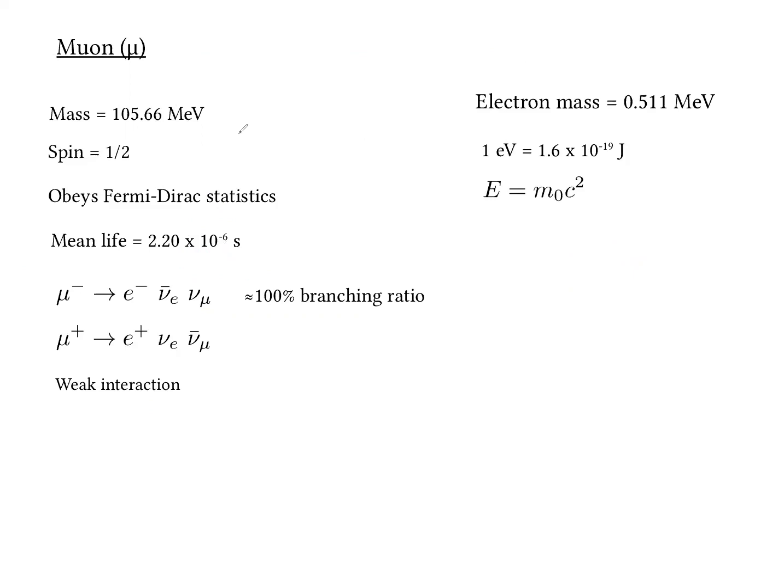Okay, so we compare with the electron mass. The electron mass is this much, and 1 electron volt equals this many joules. Using this formula, we can convert kilogram to energy in joule, and convert joule back to electron volt.